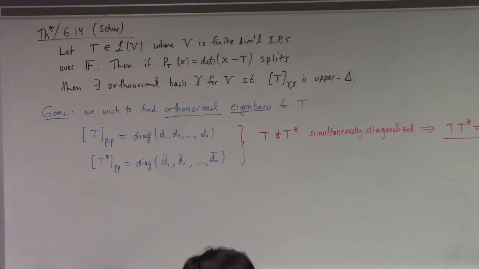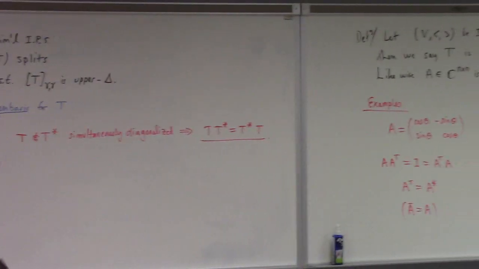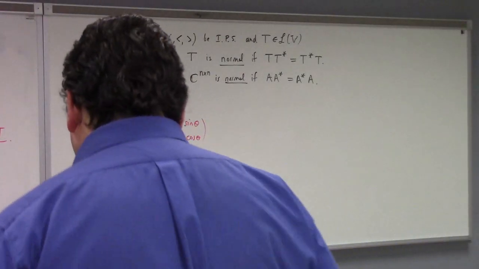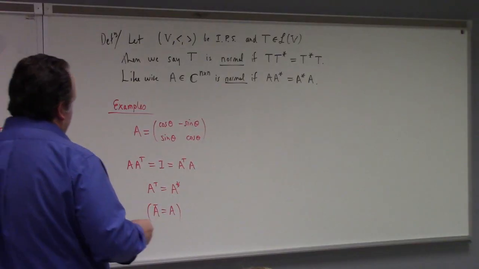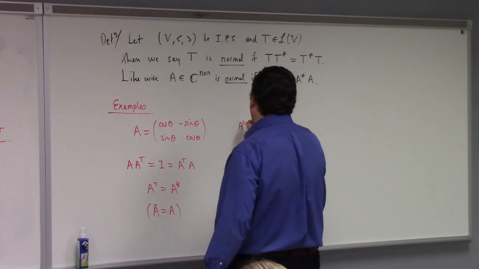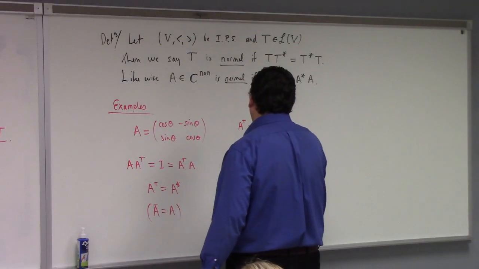What else? Can you guys tell me? Easy picking here. What's another example of a normal matrix? How about this? What if A transpose is equal to A?